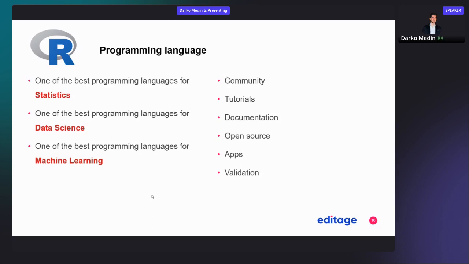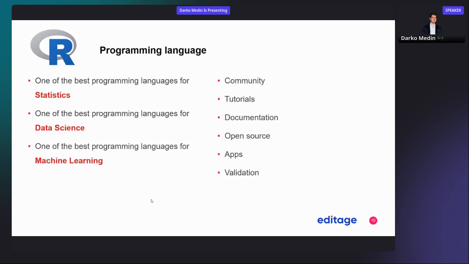Another important aspect is that R is open source, and this is partially the reason why there are so many resources out there. So it's open source, it's available for anyone to use for free, and this is really great for both researchers and data scientists out there because this facilitates their use in all parts of the world, and their use is very, very accessible to everyone.